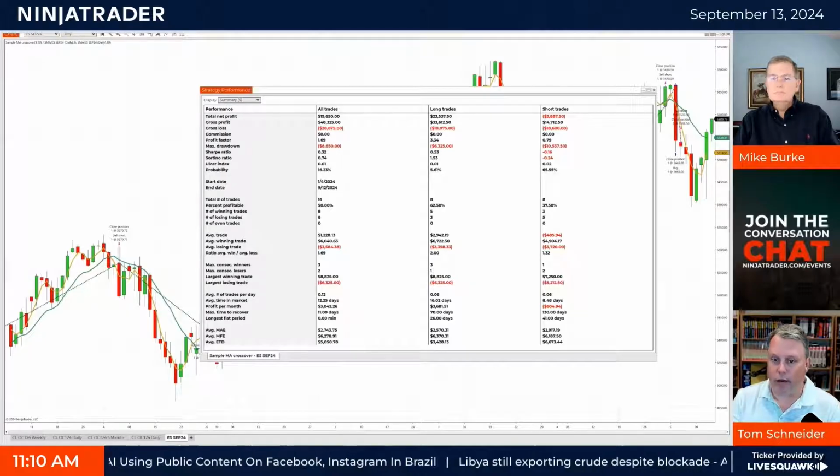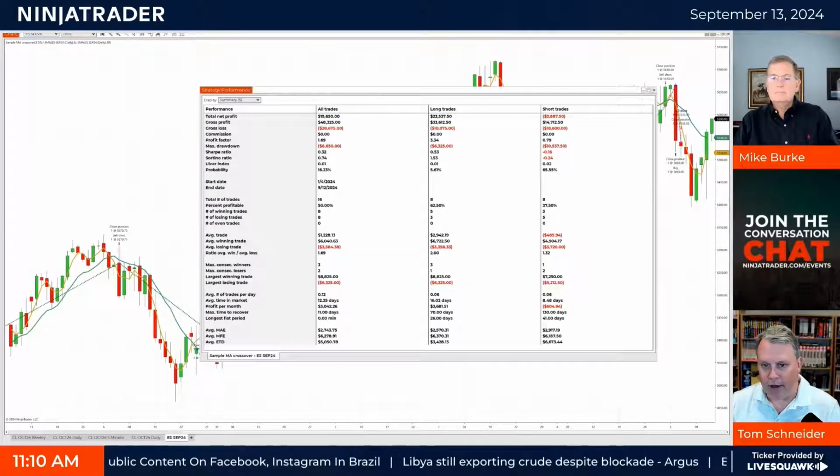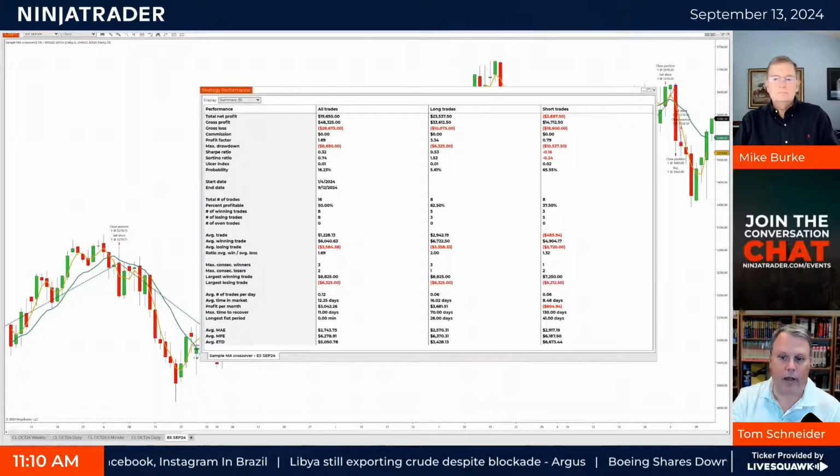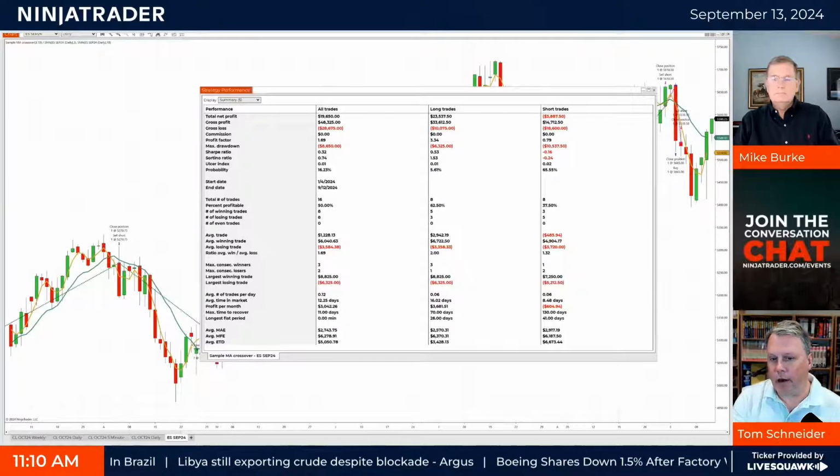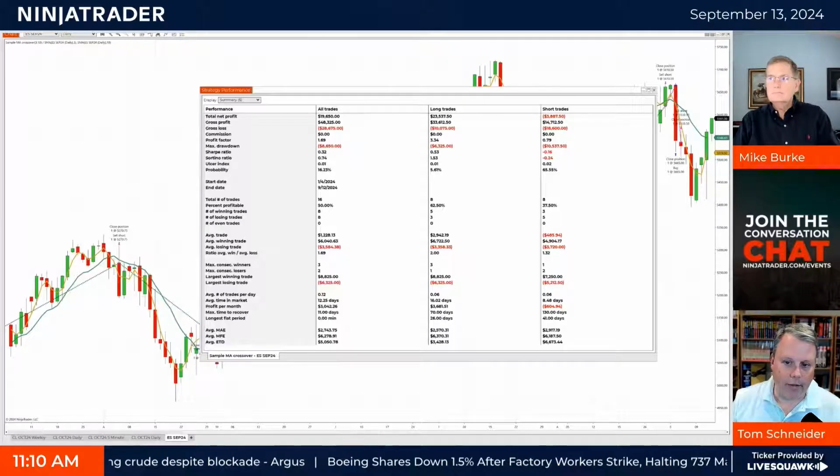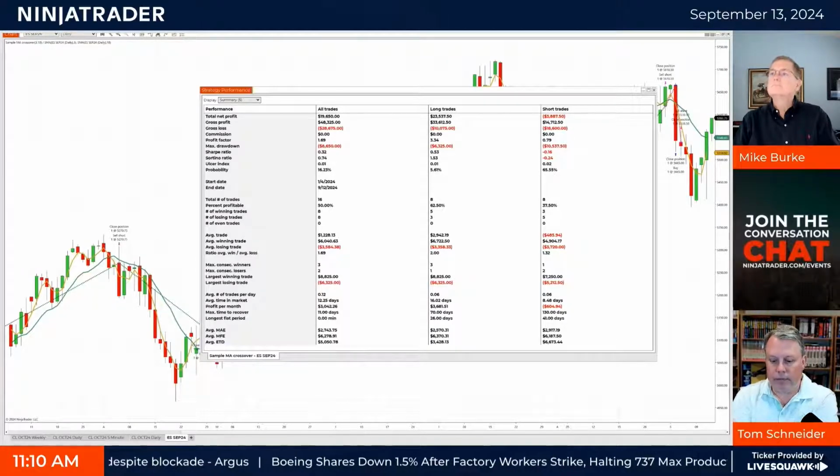But those are the three things we need for the laboratory environment. We need a symbol, we need a periodicity, and we need a range of that data. And you can see here, right in the second, let's call it section, start date and end date. That's where I know that this started at the beginning of the year.